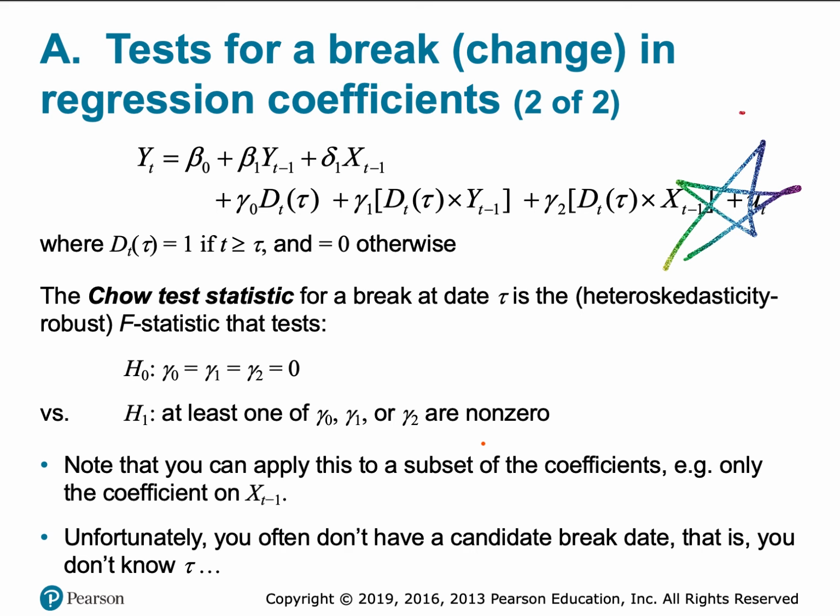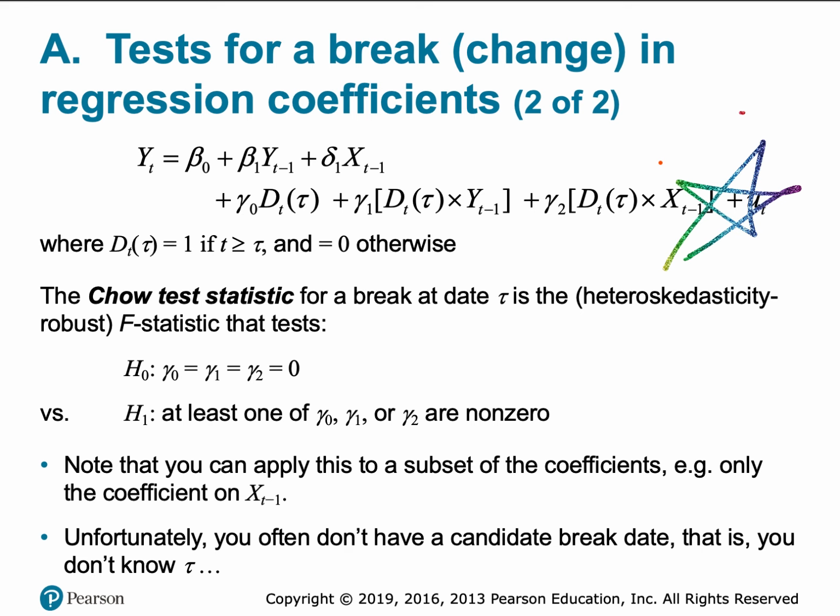And unfortunately, we don't often have a candidate break date, so we don't often know tau, which makes this procedure complicated. So if you don't know tau, then what do you do?